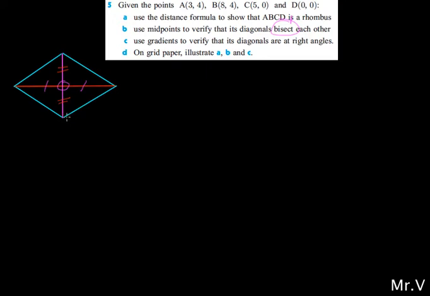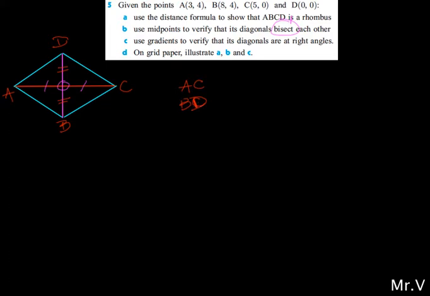And if that is true, yeah, we have a rhombus. Okay, let's check. So I'm going to assign the vertices the letters A, B, C, and D. Okay, and my diagonals are AC and BD.